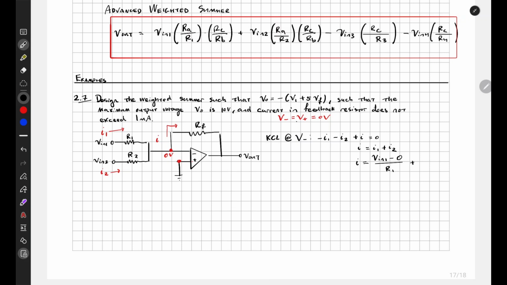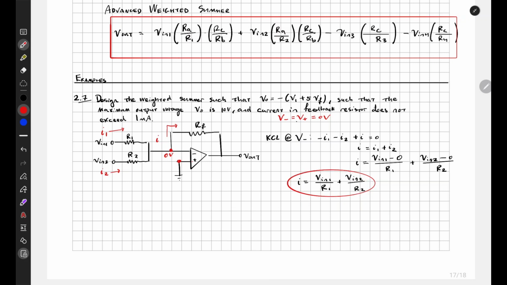I2 is likewise the same thing: this voltage minus this voltage divided by this resistor, so it is V in 2 minus 0 divided by R2. Now let's rewrite this to be a little bit better: V in 1 divided by R1 plus V in 2 divided by R2. This is the first relation that we will hold.